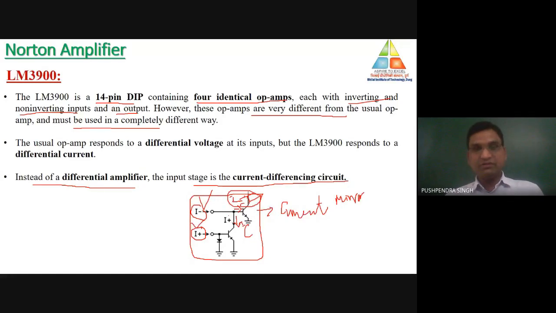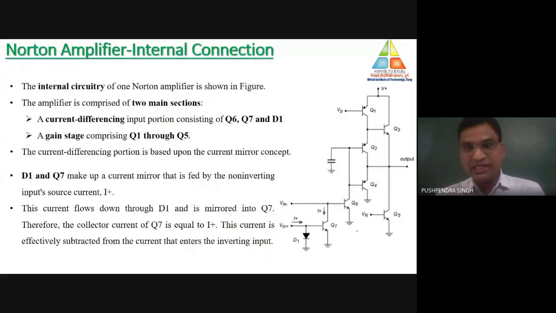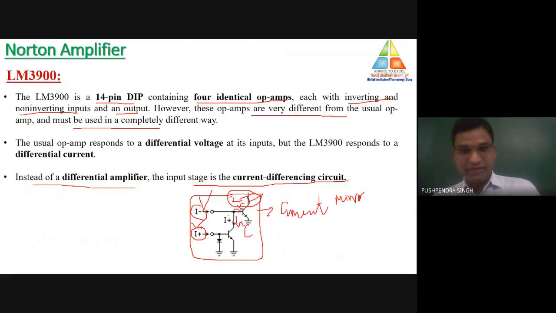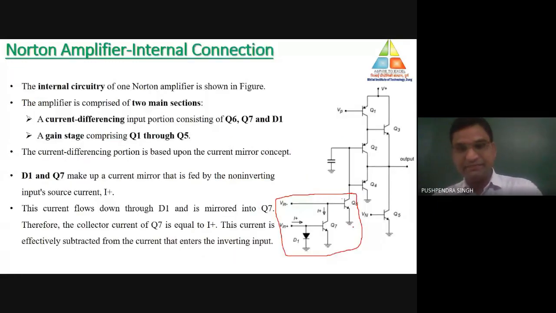Here it will be much clearer. This is the complete internal circuitry. I was discussing this particular part. You can see these two circuits are the same. If it is I plus here, the value of current here is I minus, and some part of the I minus flows across transistor number 7.